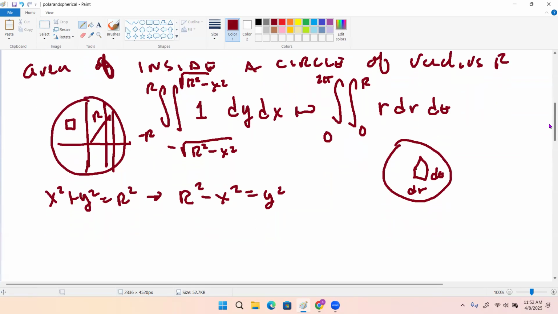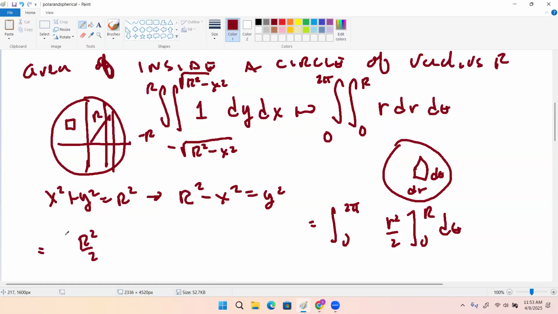And when you took this integral here, that was no big deal. I chose an easy one on purpose. What we end up getting is big R squared over 2 minus 0, and you integrate this from 0 to 2 pi. And you get the famous pi R squared, as expected.